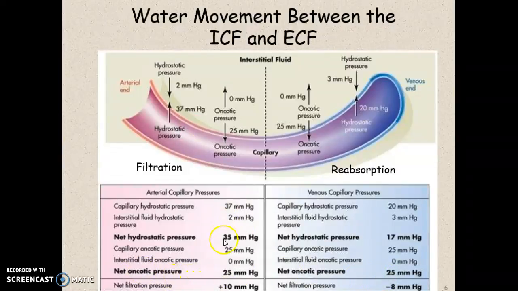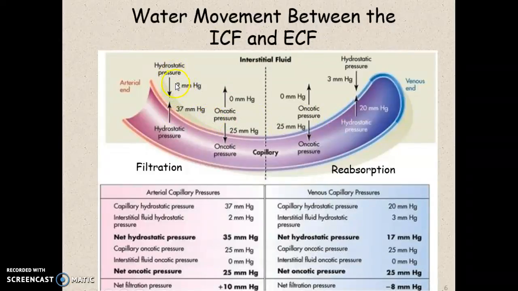All right, so filtration is going to occur at the arterial end because you have a high pressure here, or positive pressure. And reabsorption is going to occur at the venous end. Why? Because you have a negative pressure, a net filtration pressure that is minus, and so fluid is going to move back in. Now, trying to figure out these different arrows here in terms of the oncotic pressure, the hydrostatic pressure.